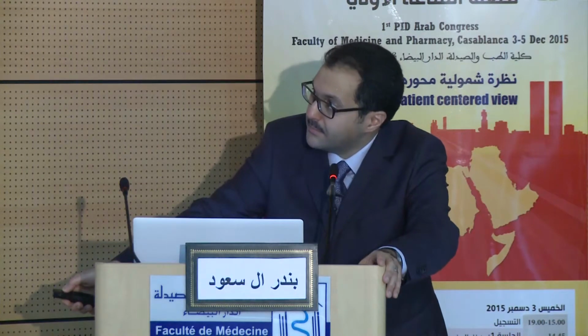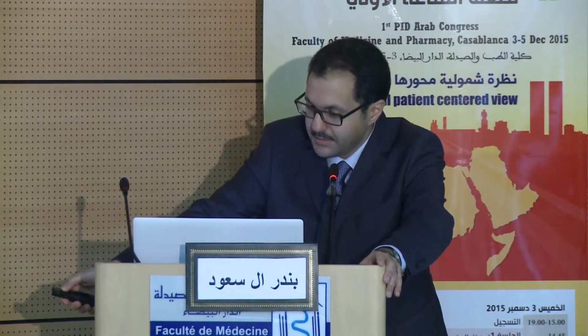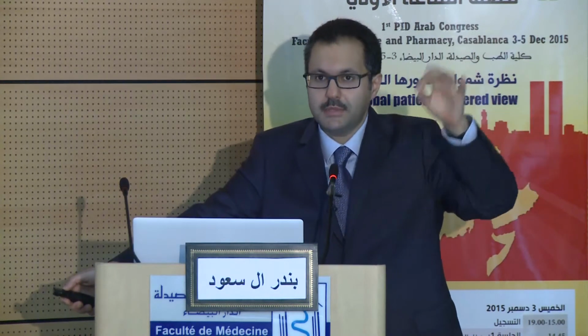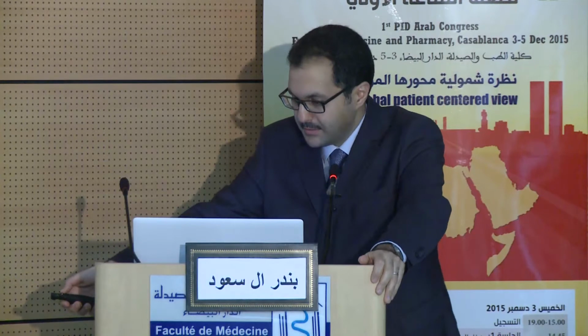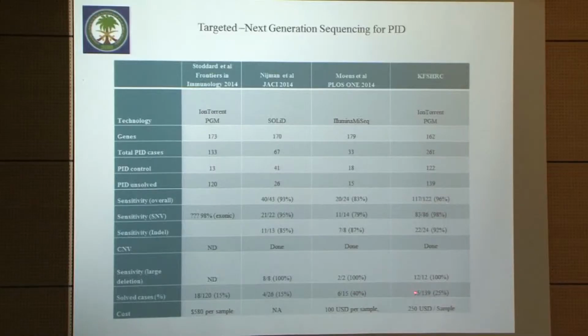So the sensitivity, comparing them, it's similar. The sensitivity is not published, but here it is 93, 83, and we had 96, so 117 out of the 122, for which we know the molecular genetics was picked up by the panel we had. And we end up having a sensitivity of 96%. And we compare others like single nucleotide variants and indels, and at the end there is the comparison of the large deletions, because they are sometimes hard to pick up by those panels.